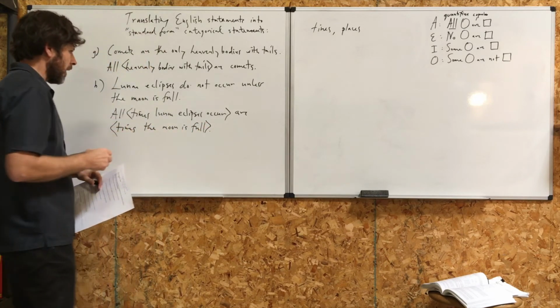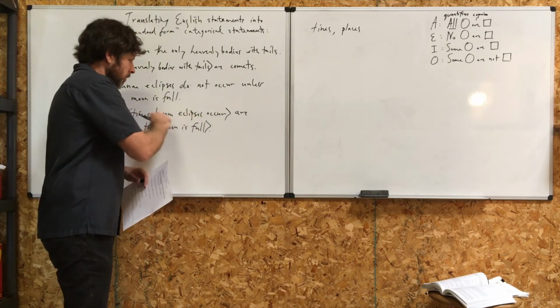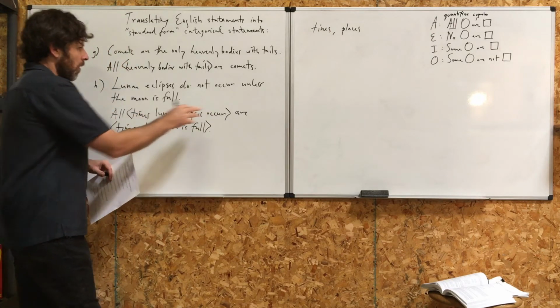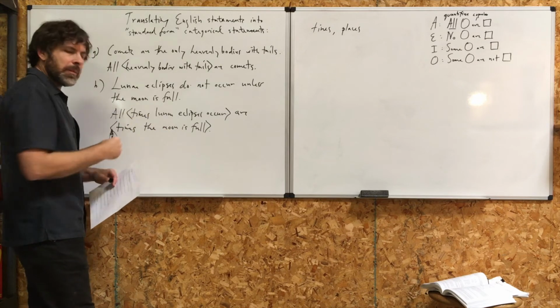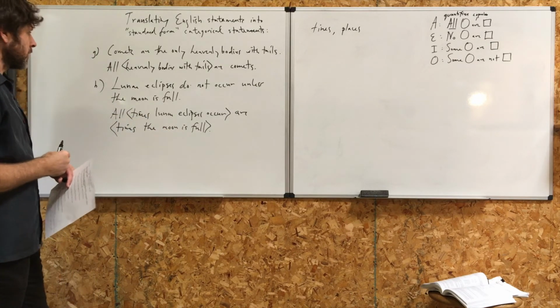Okay, you see that? So the subject term is times lunar eclipses occur, and the predicate term is times the moon is full. So we're talking about times. That's really interesting. We could certainly do that.